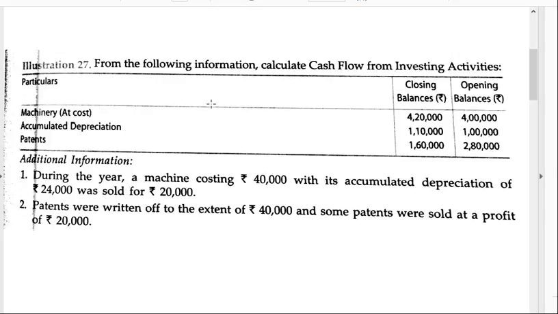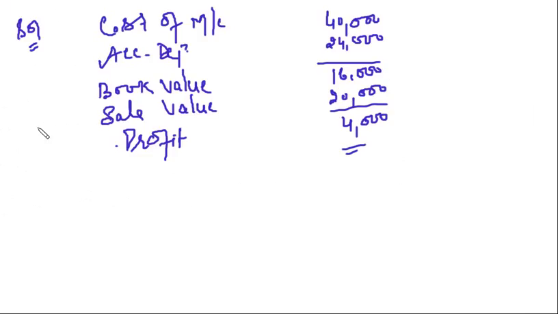Now, as you know, if accumulated depreciation account is appearing in the books, you have to prepare two accounts. One is machinery account and the second one is accumulated depreciation account. So first we will prepare machinery account, the fixed asset account. So I will prepare machinery account.